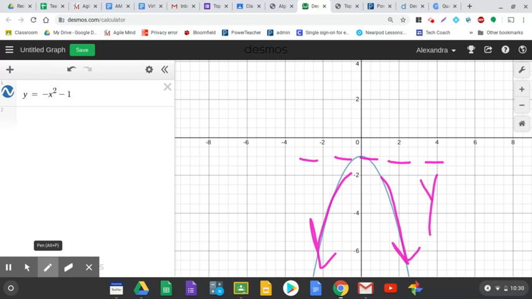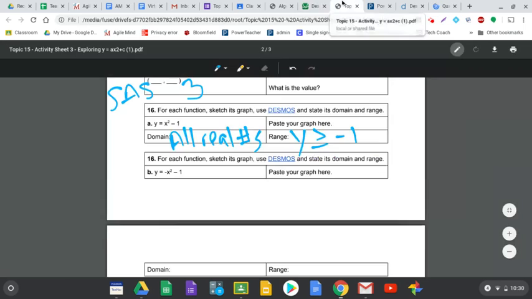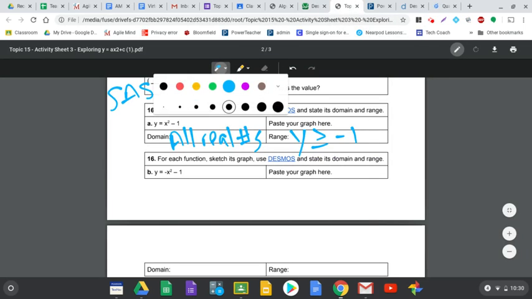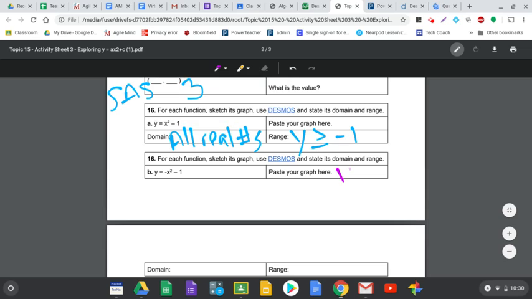So our range here should be all numbers less than or equal to -1 because our parabola is pointing downward. So for this range, you should have put y is less than or equal to -1, but our domain is all real numbers again. Okay, so that's for 16b.